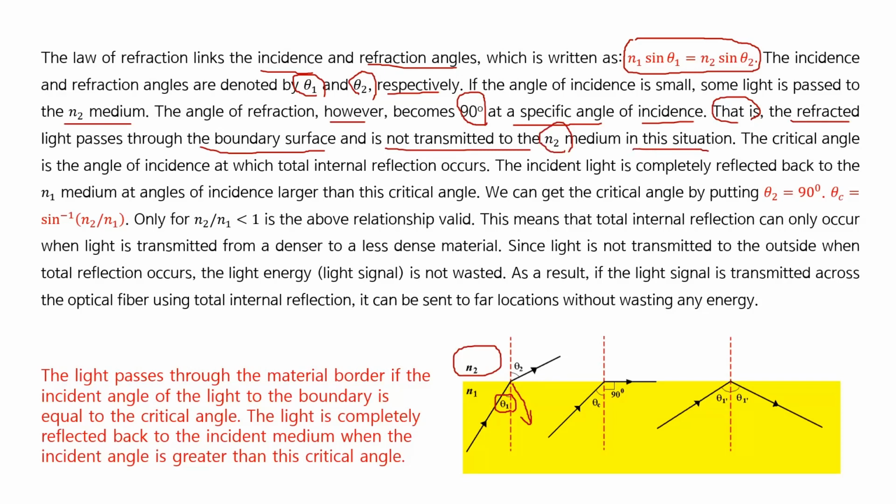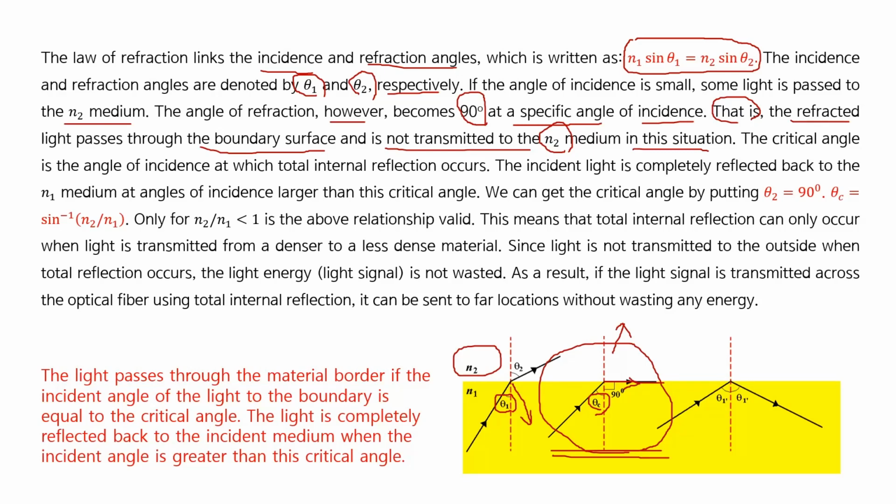So this situation shows the critical angle case. If the incident angle is the critical angle, then there's no light transmitted into the N2 medium. Instead, the light is passing along the boundary between the two media.